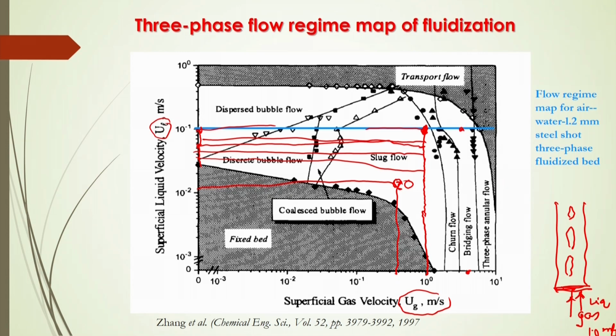Suppose this is the point. So, if you are maintaining this 0.1 liquid velocity and 4 meter per second gas velocity, then you can get the breathing flow. So, this is the nice way to identify which flow regime you can expect for your operation.